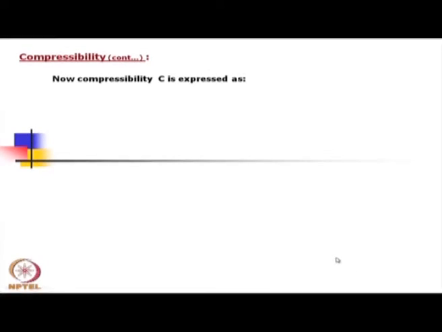Now, compressibility C is expressed as C is equal to minus 1 by V dV by dP is equal to 1 by rho d rho by dP. This can be related because the volume V is inversely proportional to the density.